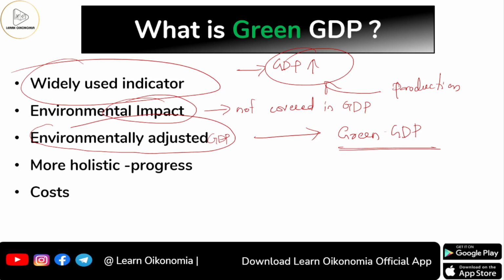Since it is taking into consideration the impact that we are causing on the environment, it's a very holistic kind of measurement of our actual progress in the economy. So green GDP looks at the actual or real progress. We consider the cost that we are creating on nature, the cost that we are creating on the environment. Those bad consequences will be taken into consideration in this attempt of computing green GDP.